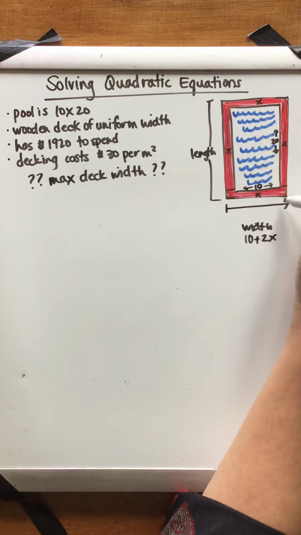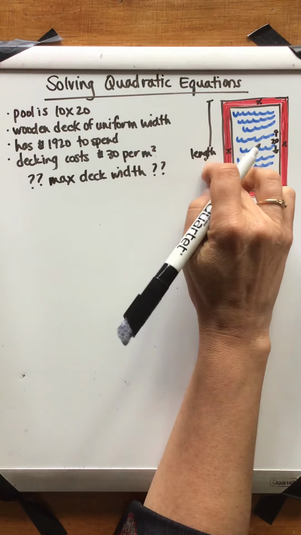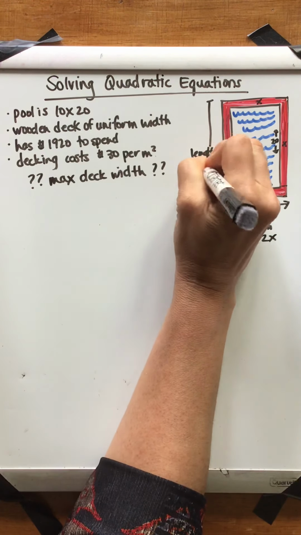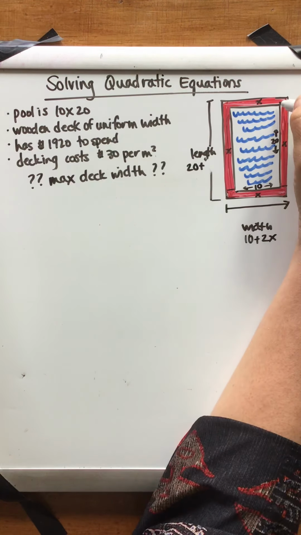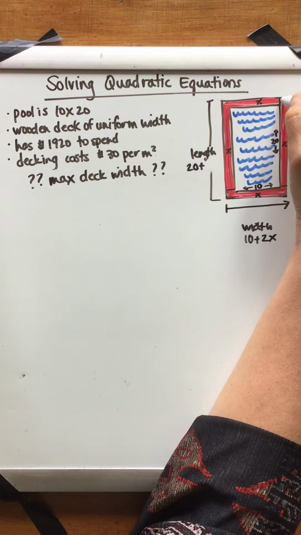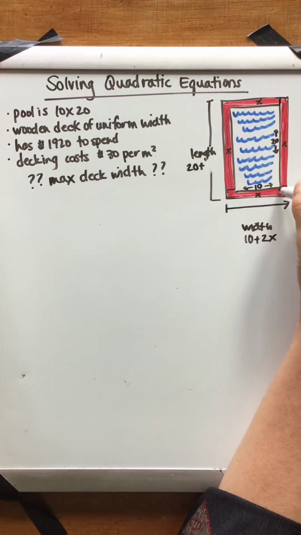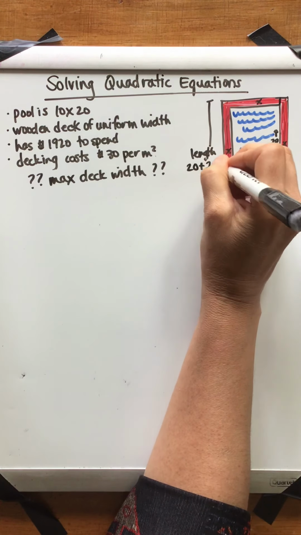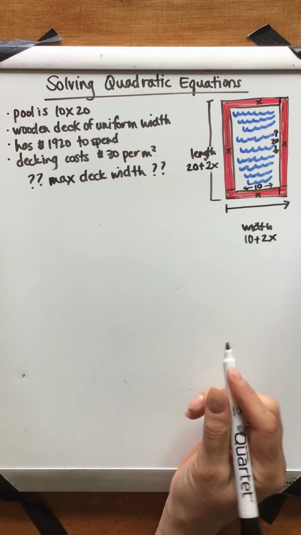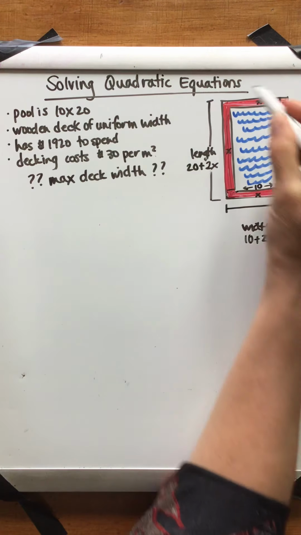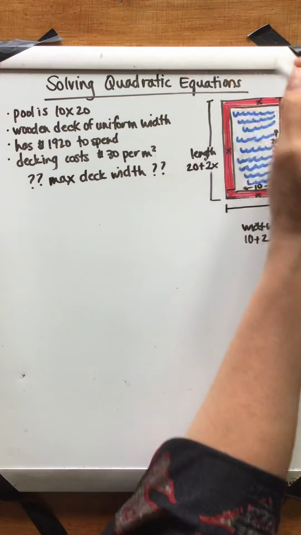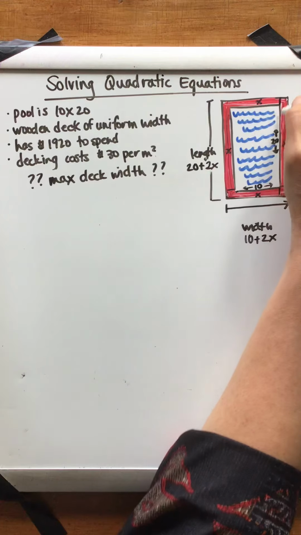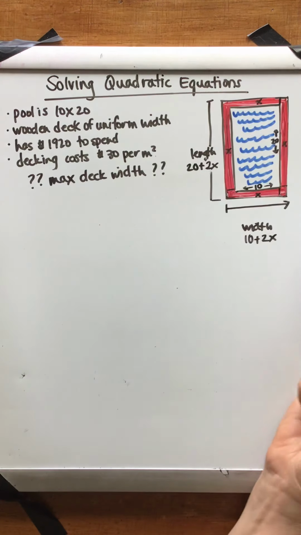The length is going to be similar. It is also going to be 20 for the pool, and then there are going to be two widths on either side of it as well. A width here, which we've called x, and a width here, which we've also called x. So it'll be 20 plus 2x. So to find the area of the decking, what we could do is the area of the large rectangle minus the area of the inner rectangle, which is the pool itself.